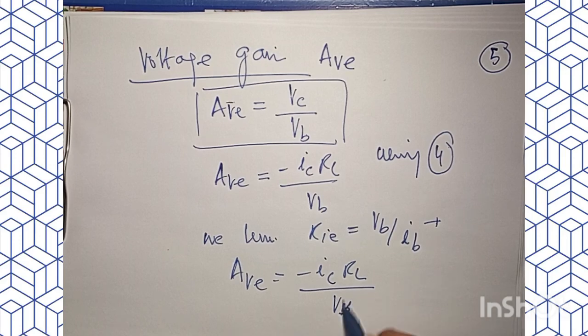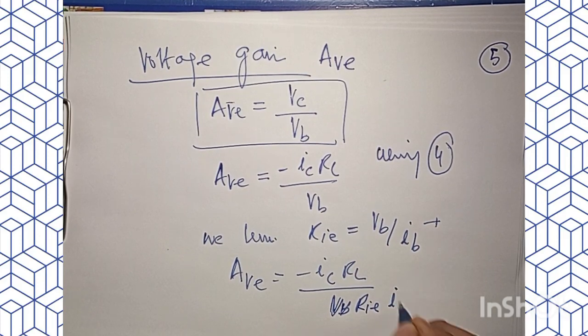VB is RIE IB. This I can write in terms of RIE, then IB. Okay, let's see where we go from here.